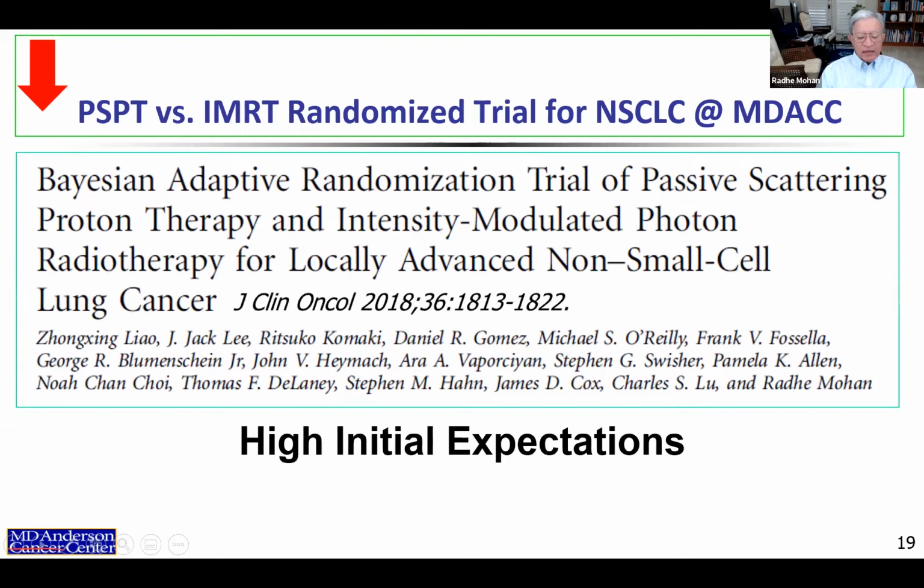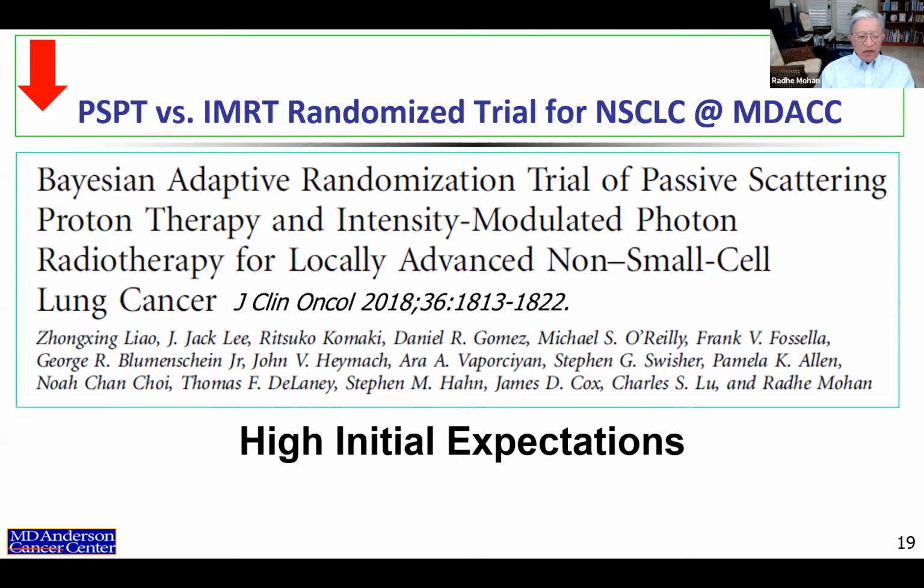In fact, when we started doing proton therapy, and we started considering doing a randomized trial, we were told that this would be unethical. We already know protons are better, and forcing patients to be treated with photons instead of protons would be very unethical.